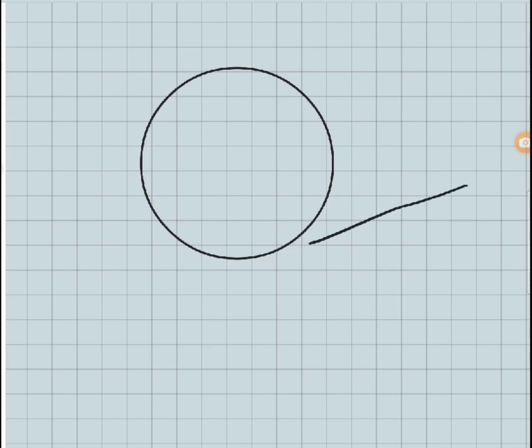Now the next term we need to talk about are tangent circles. So what exactly are these things? Two circles are tangent to each other if they intersect at exactly one point. So let me draw some pictures that will illustrate this.